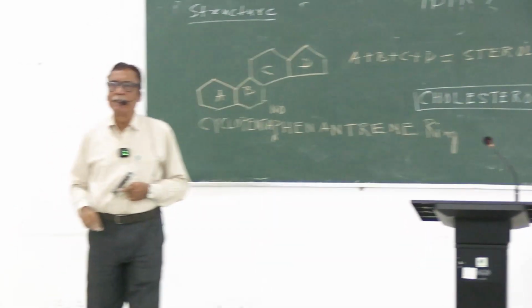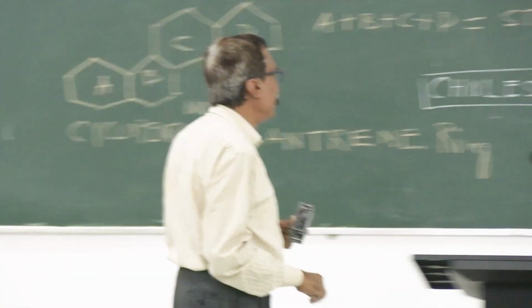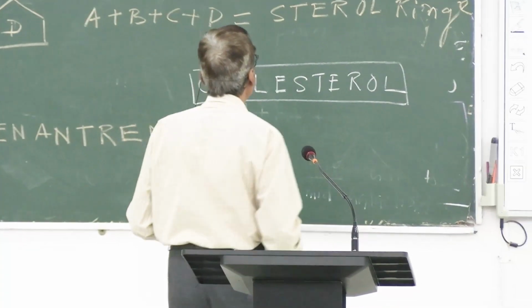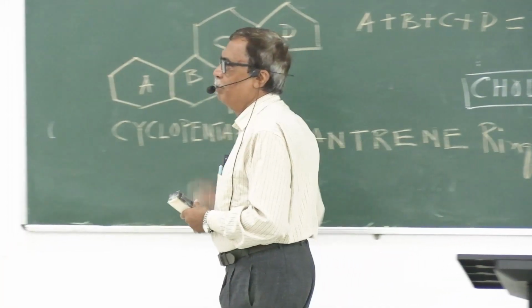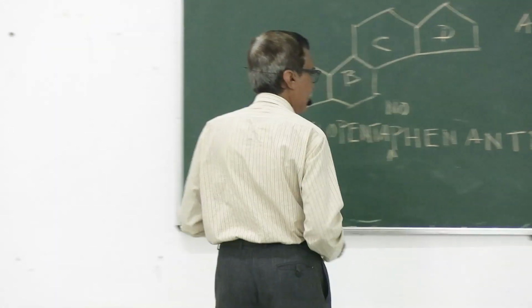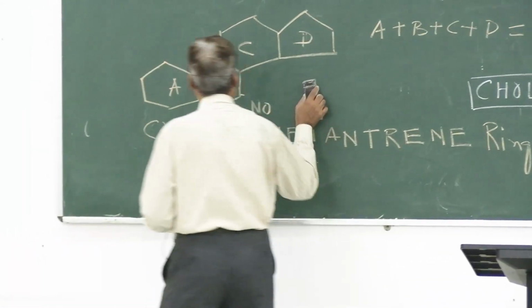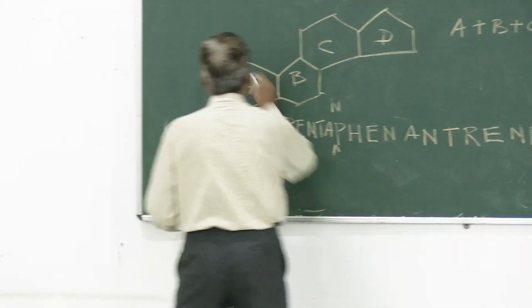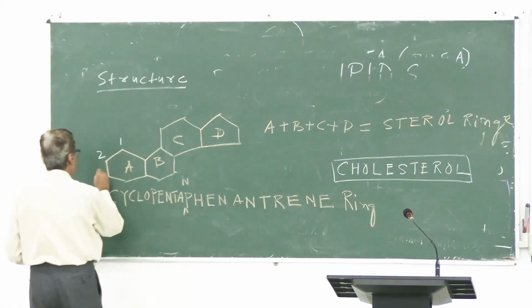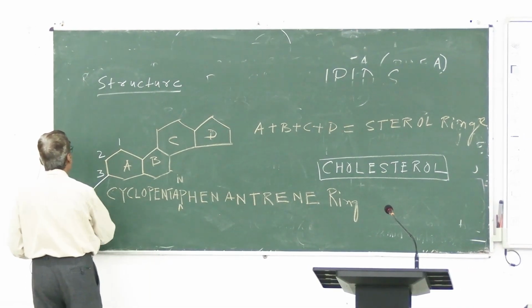3টে বেঞ্জিন রিং, একটা সাইক্লোপেন্টেন রিং নিয়ে হচ্ছে গিয়ে cyclopentane of phenanthrene ring and it is called sterol ring. Cholesterol is derivative of this ring. There is a 1, 2, 3 carbon, and in 3 carbon there is a hydroxyl group. So the name cholesterol.